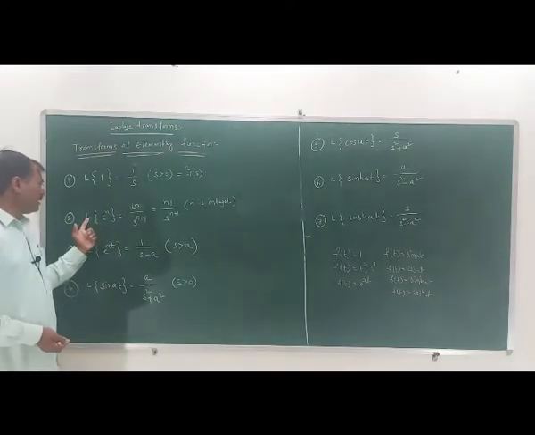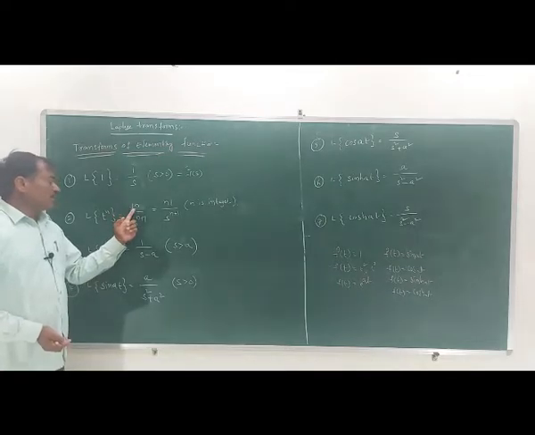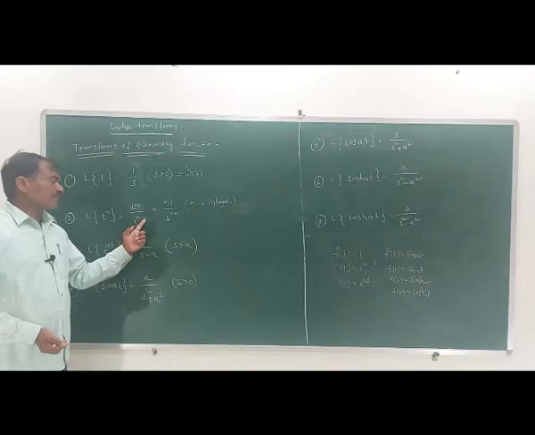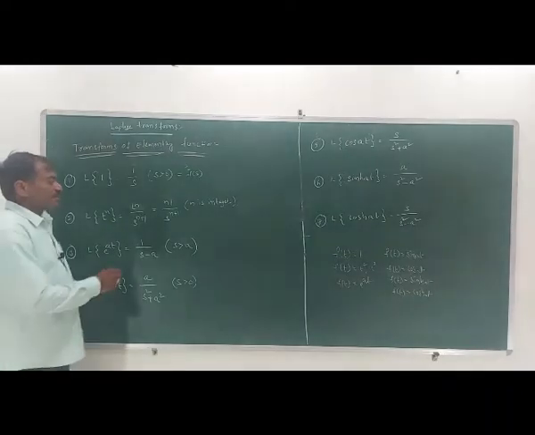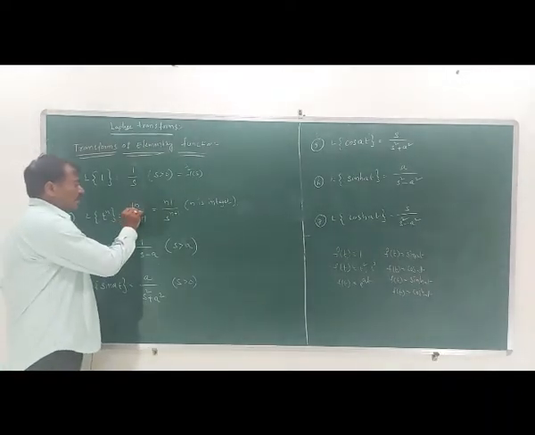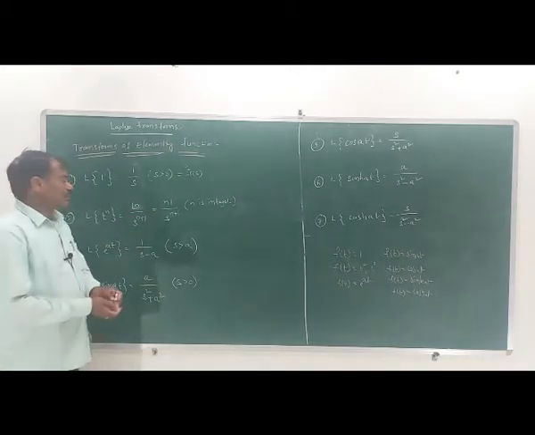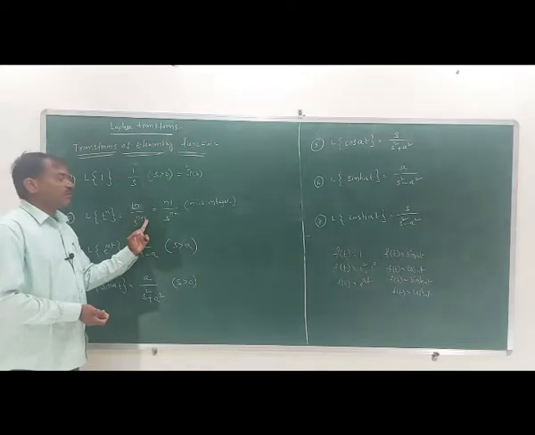And similarly, the Laplace transform of t to the power of n equals n factorial by s to the power of n plus 1, or gamma of n plus 1 by s to the power of n plus 1.